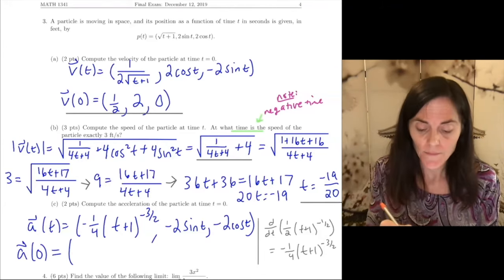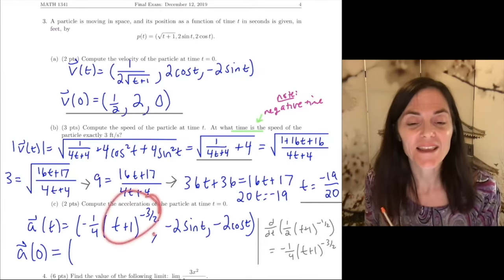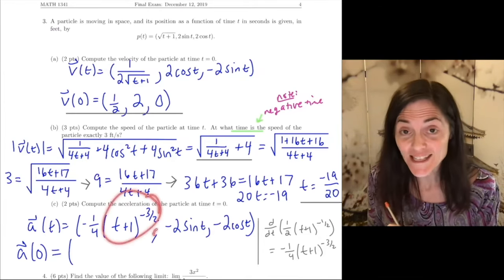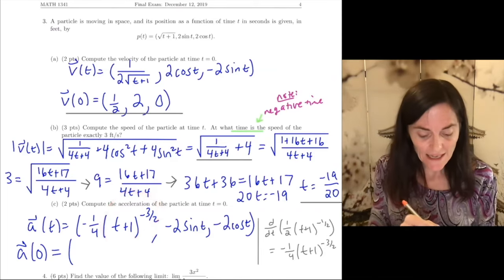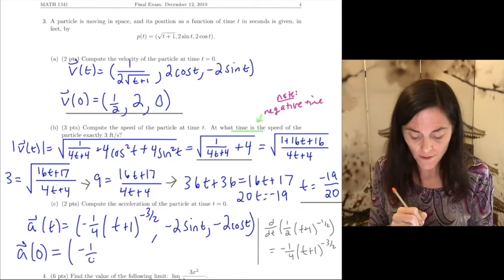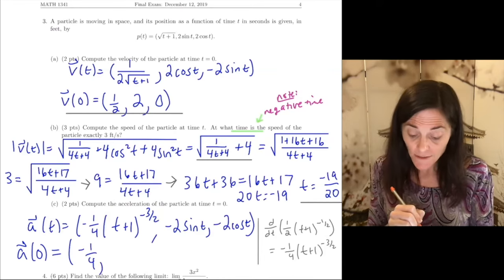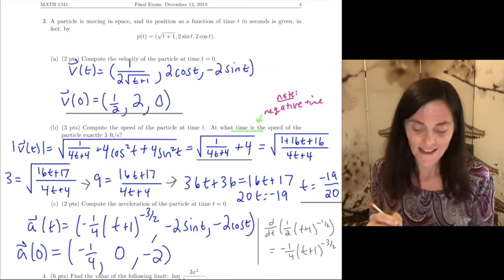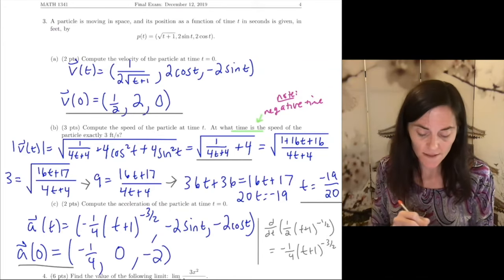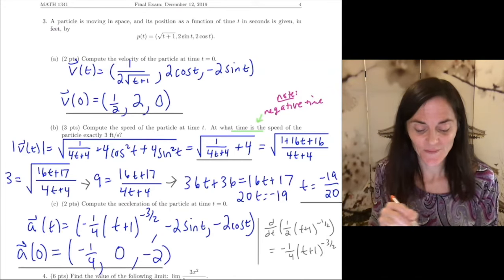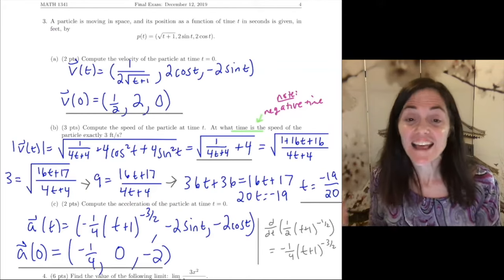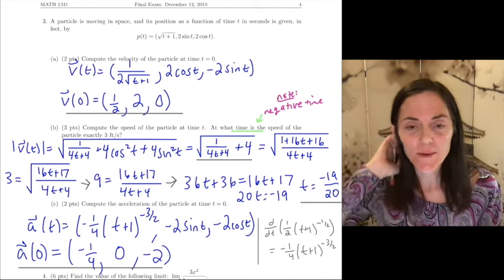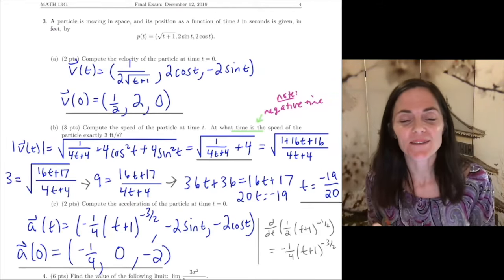You see here, evaluate this at 0. We get 1 to the minus 3/2, which is just 1. So this is minus 1/4. And then the sine of 0 is 0. Cosine of 0 is 1. So this is the answer for part C. Okay, this is the end of this particular parameterized curve problem.